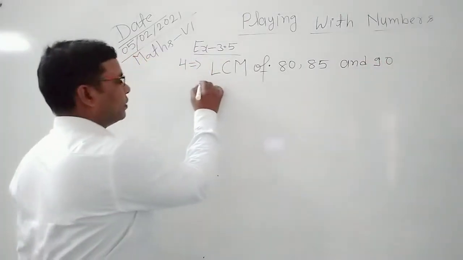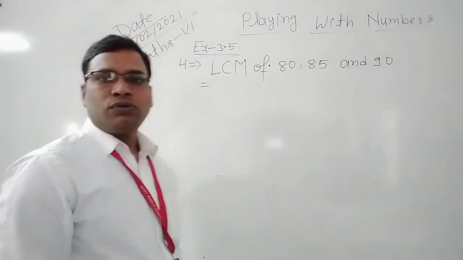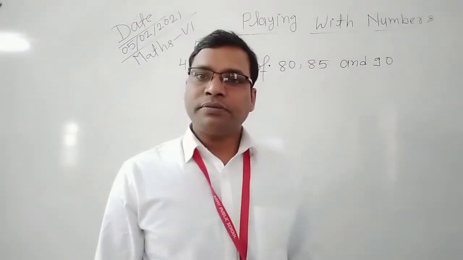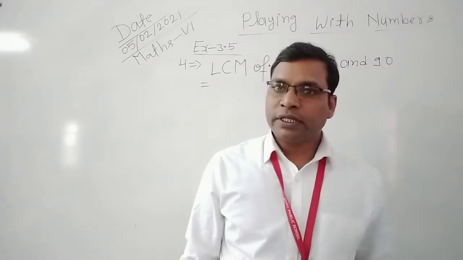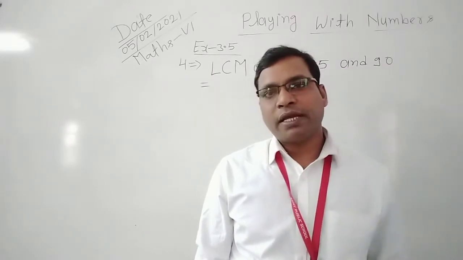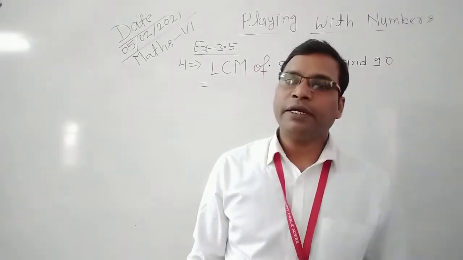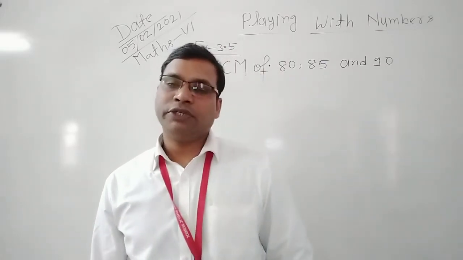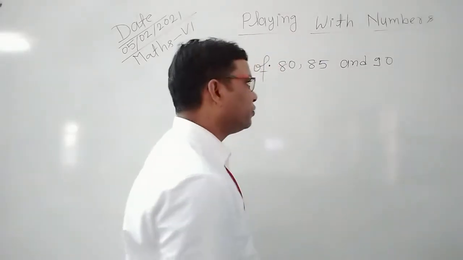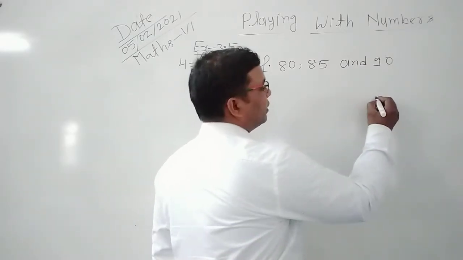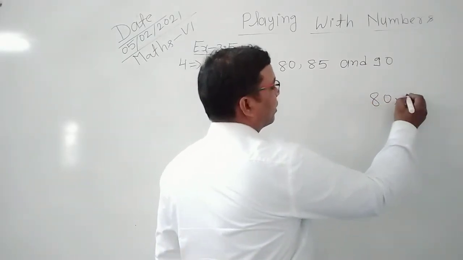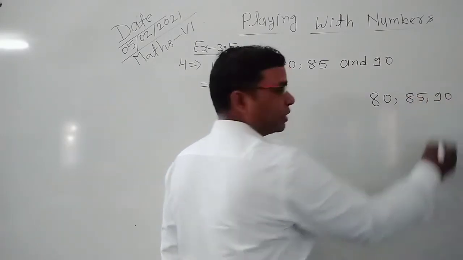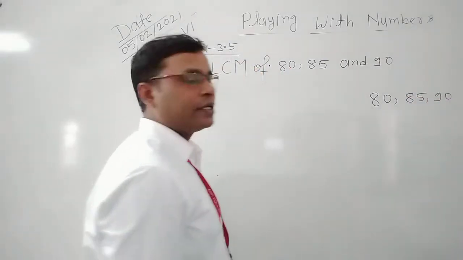This is equal to what? How do we find LCM? We find LCM by two methods: by prime factorization method and by division method. Here we find the LCM by division method. So for the division method we write it in this format: 80, 85, 90. Clear?